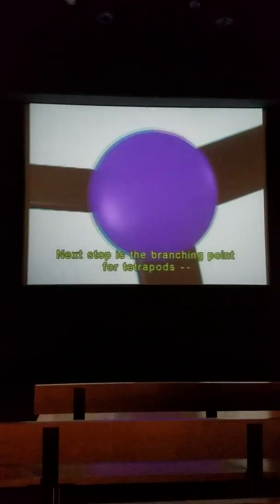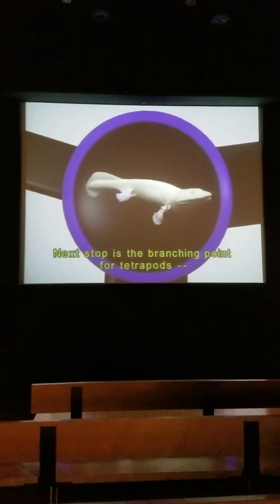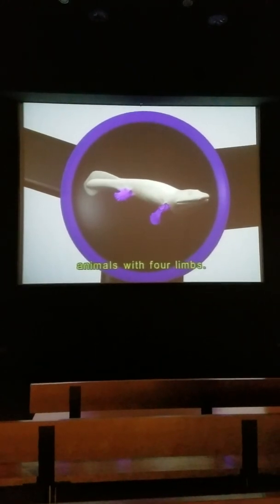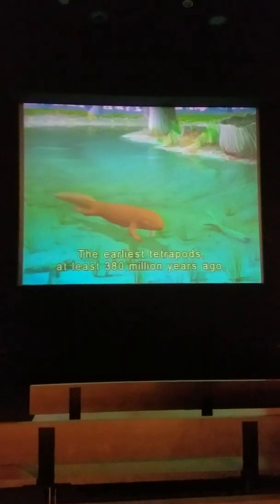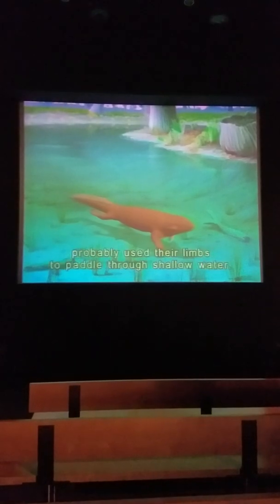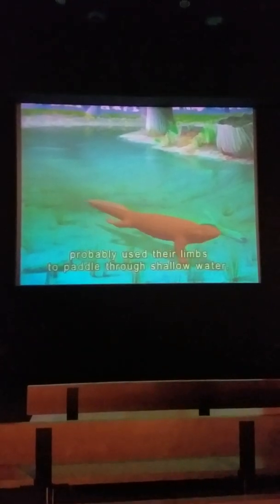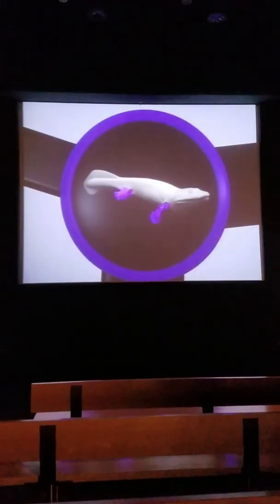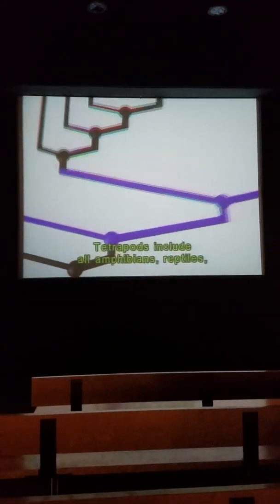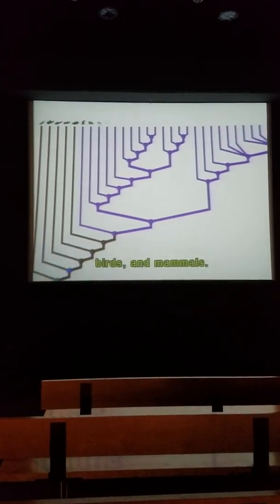Next up is the branching point for tetrapods, animals with 4 limbs. The earliest tetrapods, at least 380 million years ago, probably used their limbs to paddle through shallow water. Tetrapods include all amphibians, reptiles, birds, and mammals.